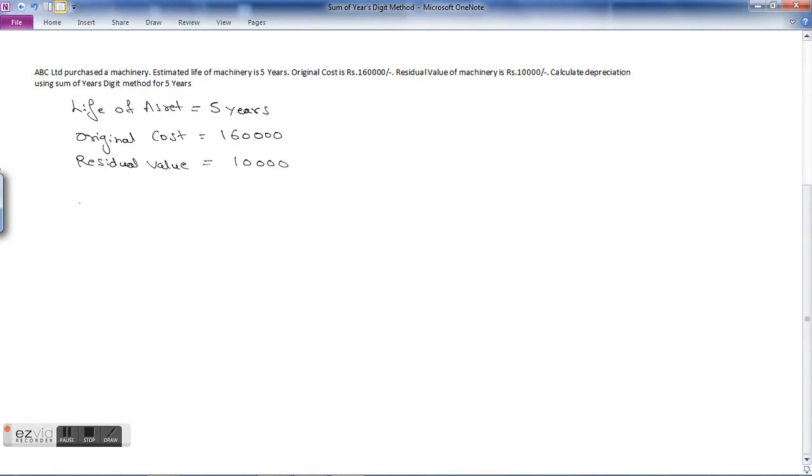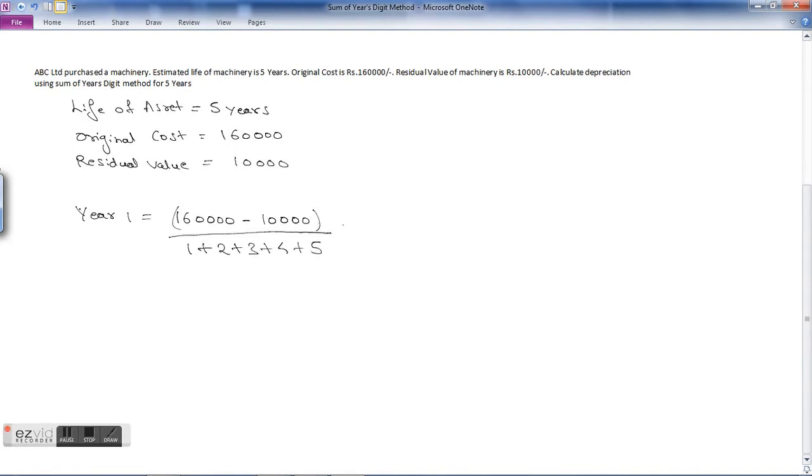So let's calculate the depreciation now. Year 1. So what is the formula? Original cost minus residual value. Original cost is 1,60,000 minus residual value, that is 10,000, divided by the sum of the total number of years of the asset. Here it is 5, so 1 plus 2 plus 3 plus 4 plus 5.